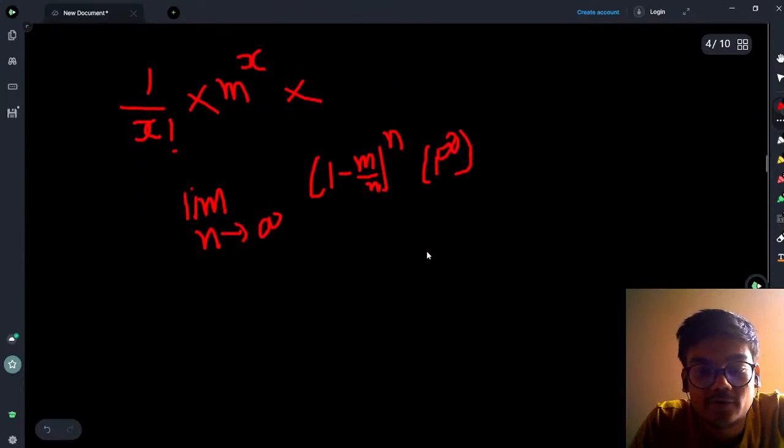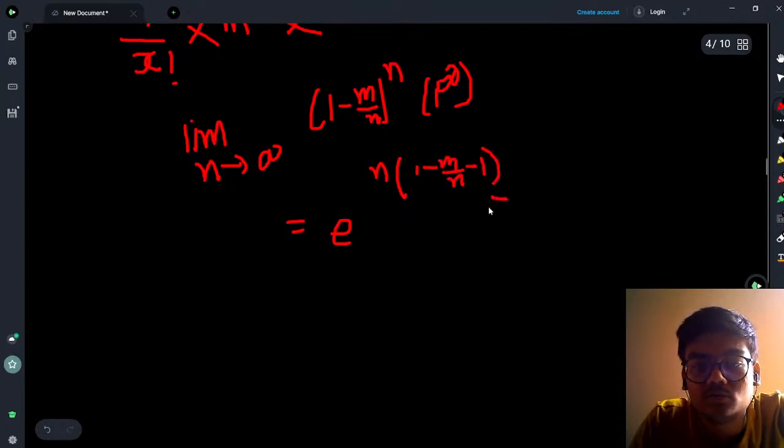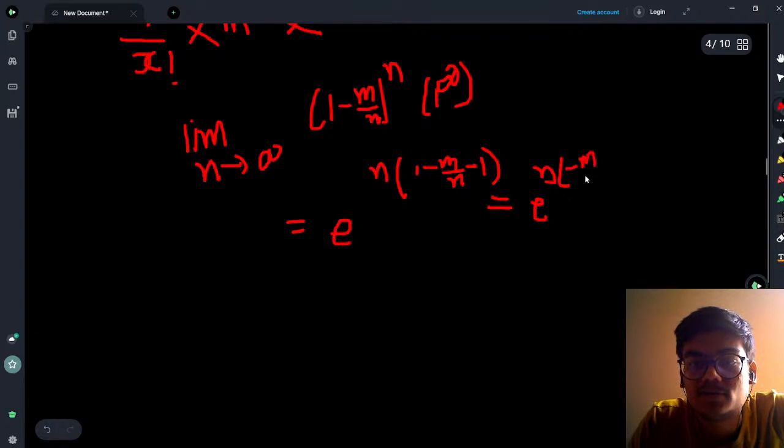So for the 1 raised to infinity form, we can use e raised to the limit of g of x into f of x minus 1. So we are solving the limit part, n into minus m divided by n, so we are getting e raised to minus m.